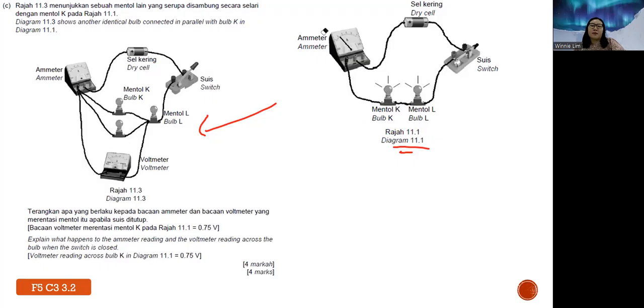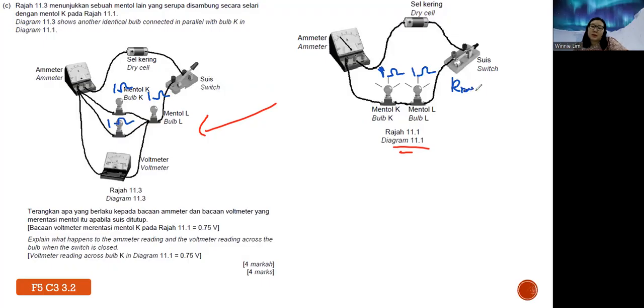Now, what is the effect after adding the bulb in parallel with K? So for your understanding, assuming all these bulbs are identical, that means they will have the same resistance. So I assume this is 1 ohm. This is also 1 ohm, can? Then this one is 1 ohm. This is also 1 ohm, okay? Now, but you must see how they are arranged. So if I want to find this one, R total will be what?